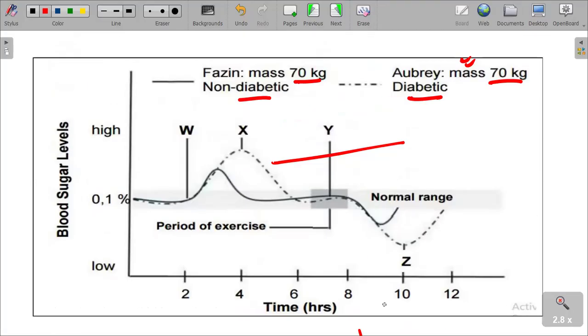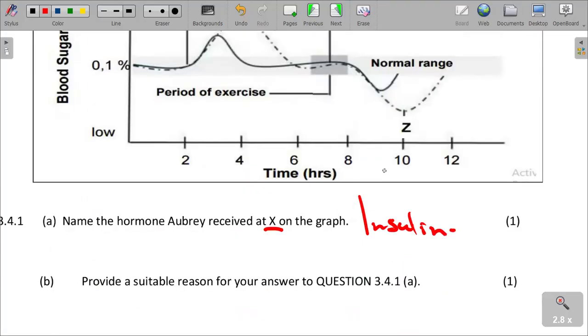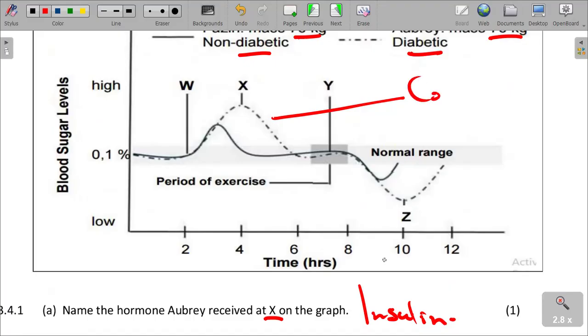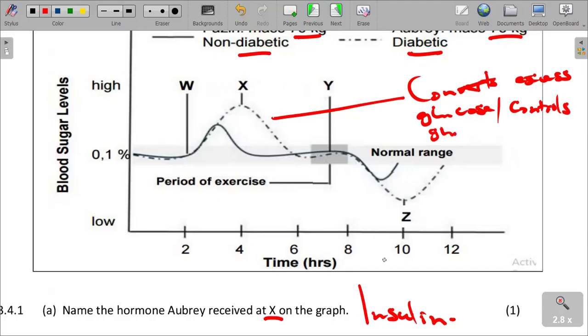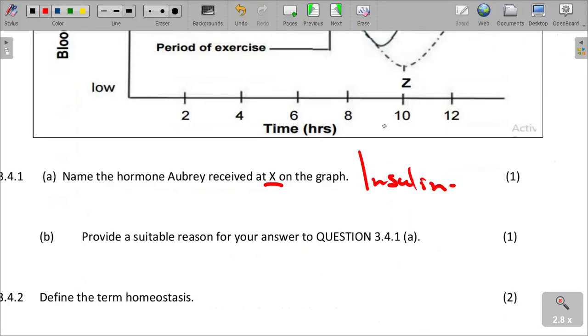Insulin, because it converts excess glucose or controls glucose levels in the blood. As you can see, the blood glucose level is therefore decreasing, and therefore this is insulin.